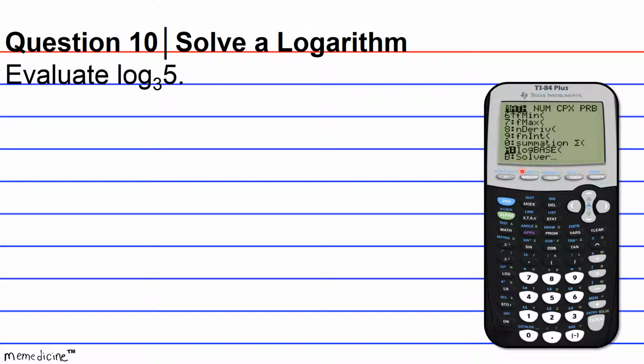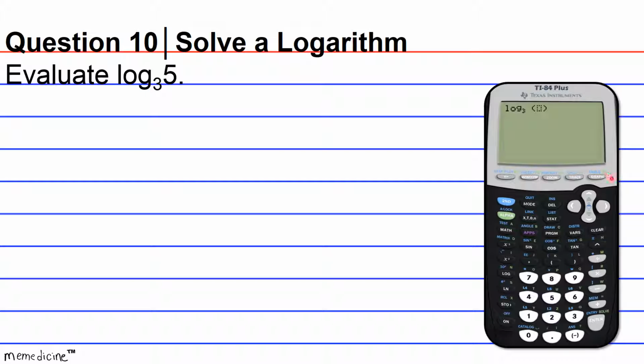Then scroll up or down, whichever way you prefer, using the up or down arrows, and you'll land on option A. To select this option, press alpha and then math again to choose option A. After doing so, you'll get the log function where you can specify the base that you want to input. Here we're going to input 3 because that's our base. After pressing 3, your screen should look like this.